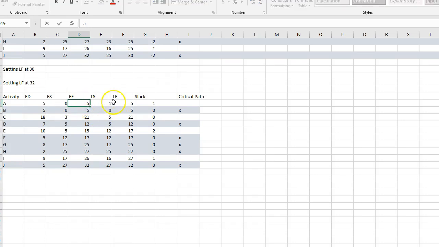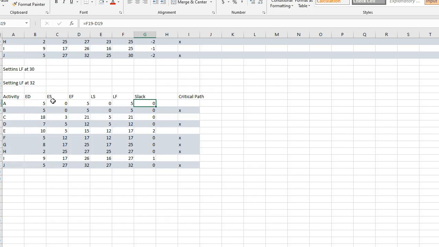And I also know that because it's a duration of 5, so 5 minus 5 is 0, so it would have no slack. This would change that critical path a little bit. So if we changed A to 5 units also, then that would make it part of that critical path. Both of those activities would be on that critical path because they'd be the same time.